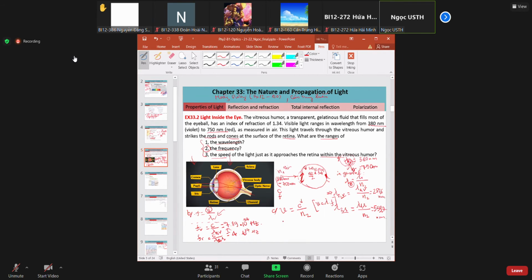So now the answer is... Let's see, the number is too big. It's going to be 3 divided by 1.34, so it's going to be about 200 million. I'm just going to put 2.2 times 10 to the power of 8.